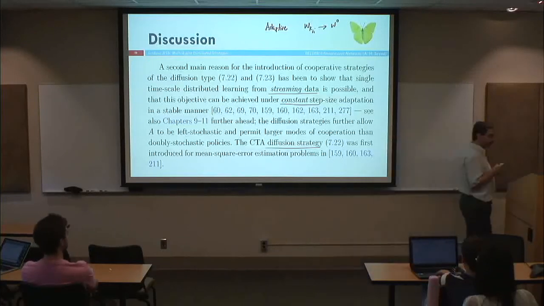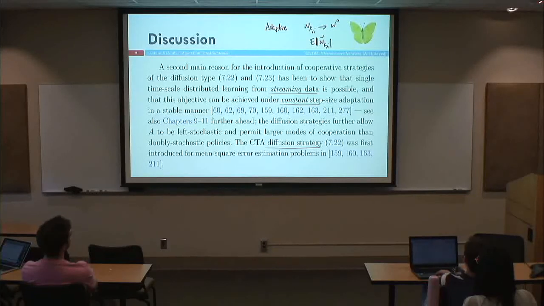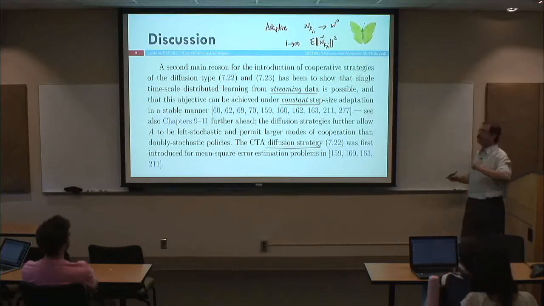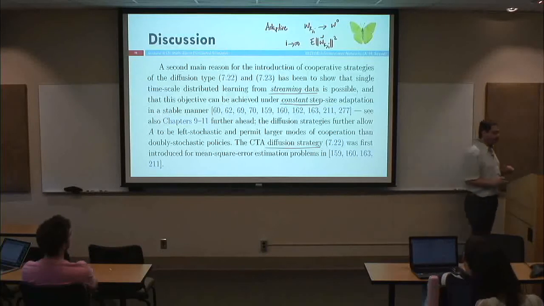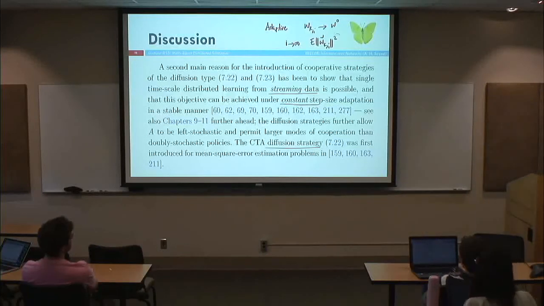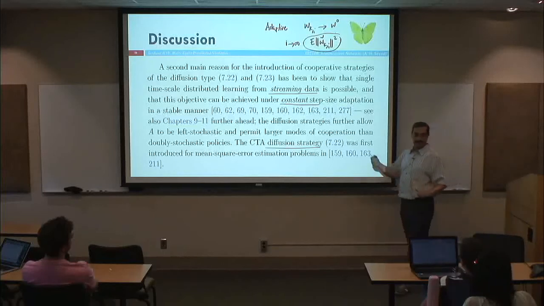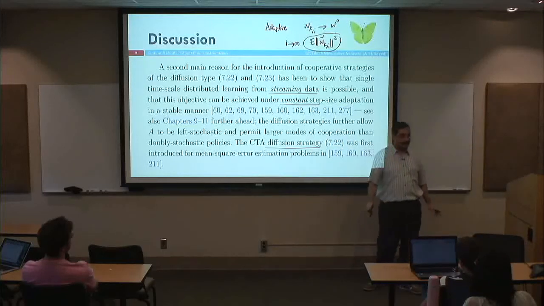So what do we do? We assess how small the variance of the error is, right? How small this is as i goes to infinity, the mean square error or mean square deviation, right? As you are going to see later, this quantity can be made smaller for left stochastic matrices in comparison to doubly stochastic matrices, okay?